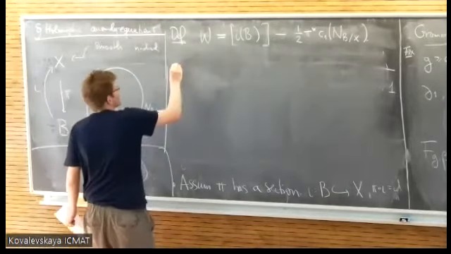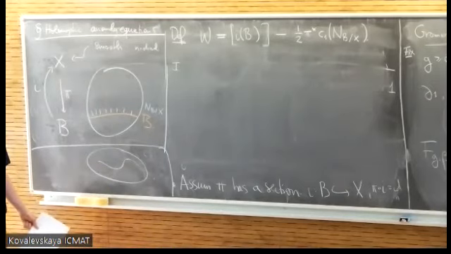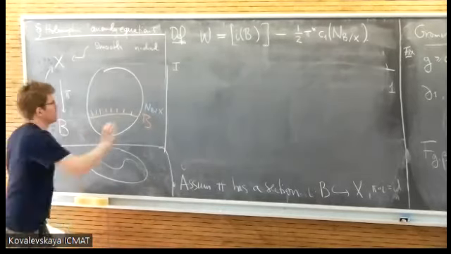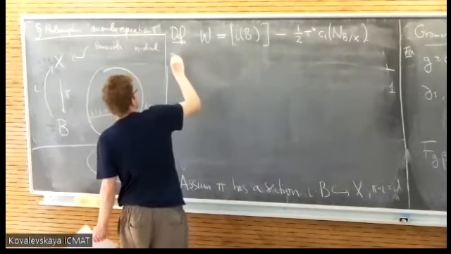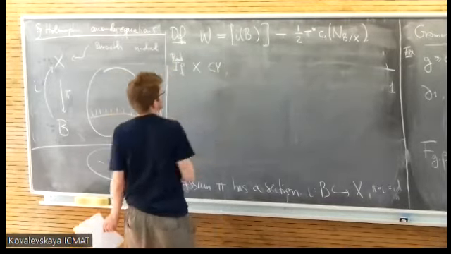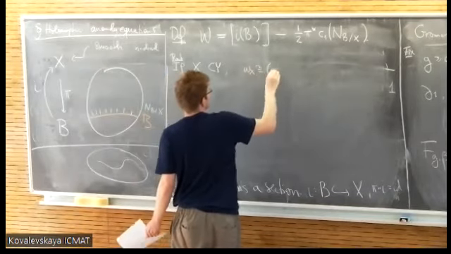Is there a relationship between this correction and the first Chern class of a square root of the canonical bundle of the base? Yeah, let me make this a remark. If X is Calabi-Yau, this means that omega X is trivial.